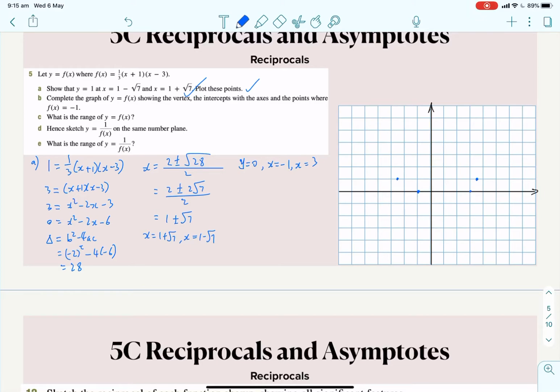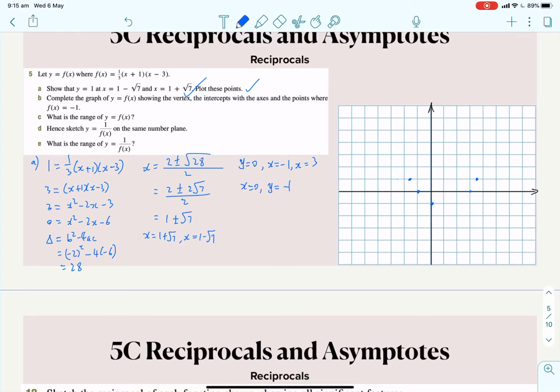Oh, wait. 1 minus 2.6 is -1.6. So somewhere here. My bad. Got this wrong. And also, we need the y-intercept. x equals 0. y equals -3. So it's here.